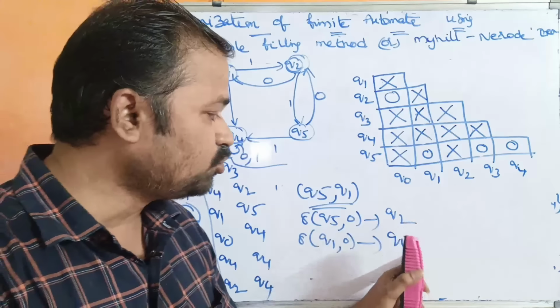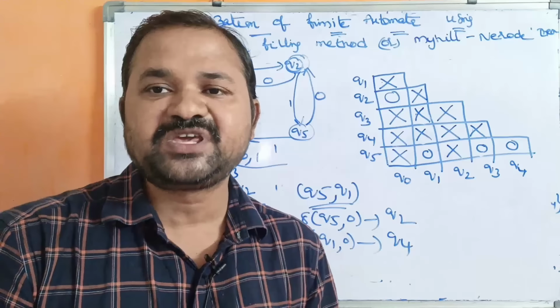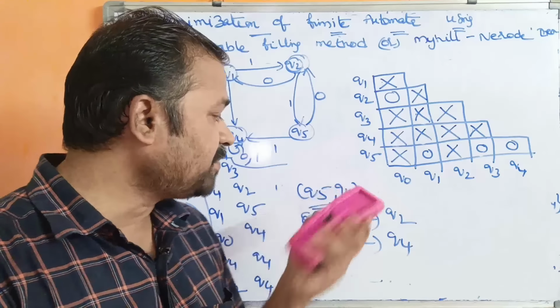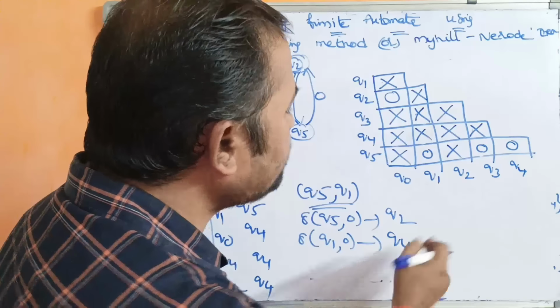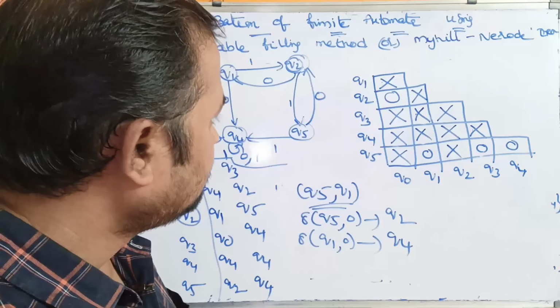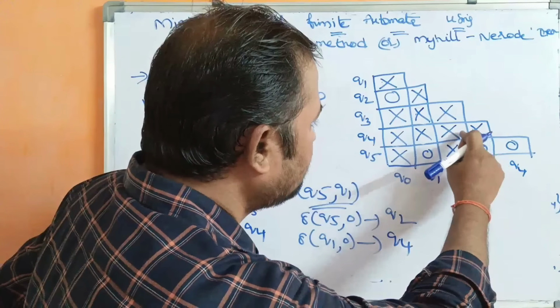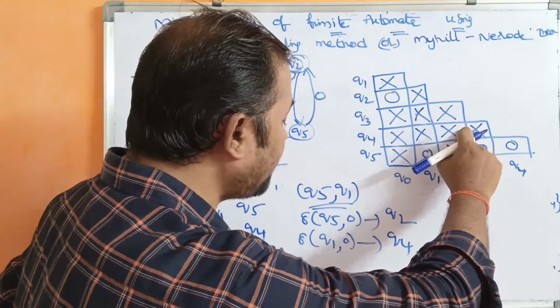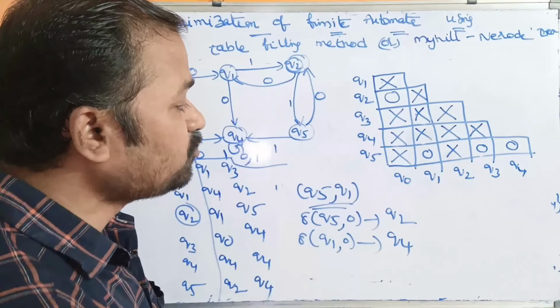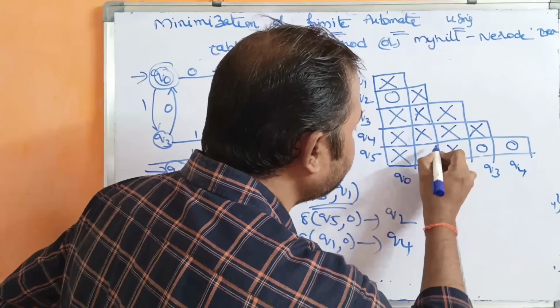Now let's check whether Q2, Q4 is marked or not. If Q2, Q4 is marked, then we can mark Q5 and Q1. Q2, Q4 is already marked, so we can mark Q5, Q1.